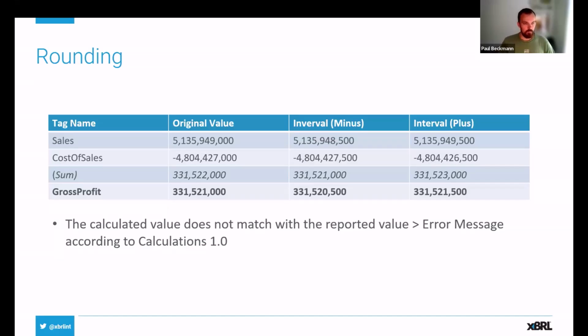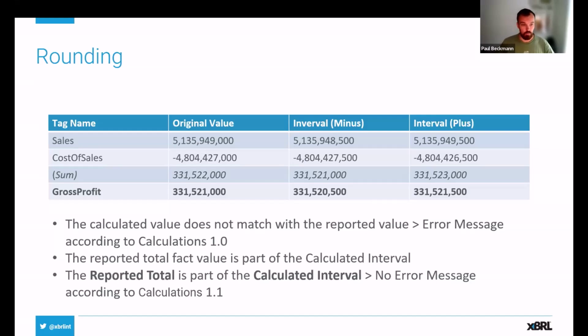What we can see is that the reported total value is part of the calculated interval, which is always a good sign. And if we compare the reported total interval and the calculated interval, we can see they are overlapping, which means, according to Calculations 1.1, the calculation is fine.